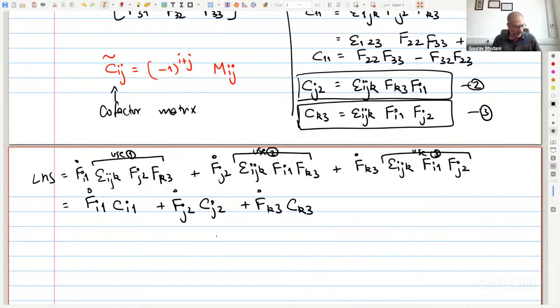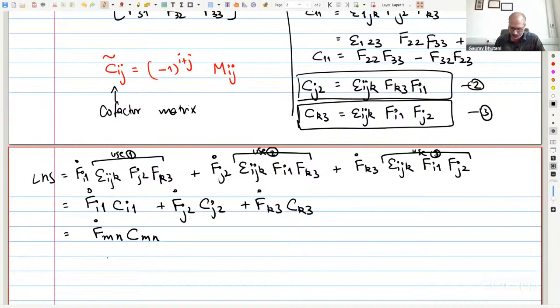Right. So this is the expression that we have, and then this can actually be further simplified to write F dot. We have an i, j, and k. Because i, j, and k in the three terms are repeated, let's call them with the new index m, just for convenience, and we'll call this m n and C m n.